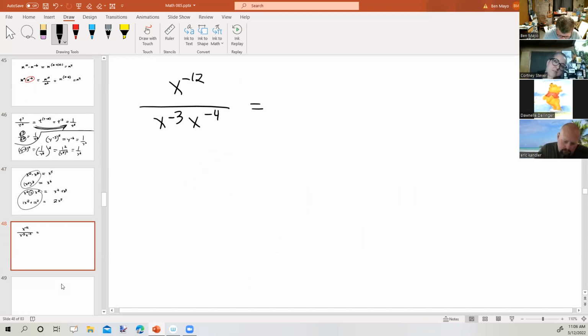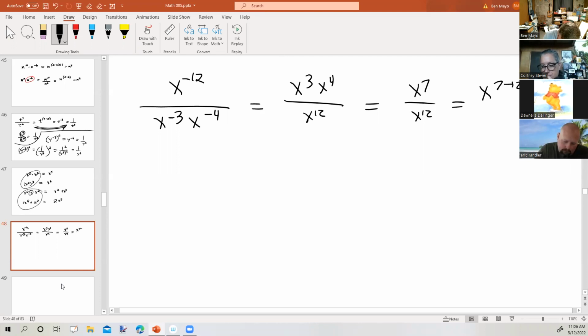This is kind of up to you. I could fix all the negative exponents and make them positive first. Then this would be x to the 7th over x to the 12th, which would be x to the 7 minus 12, which would be x to the negative 5, which would be 1 over x to the 5th.